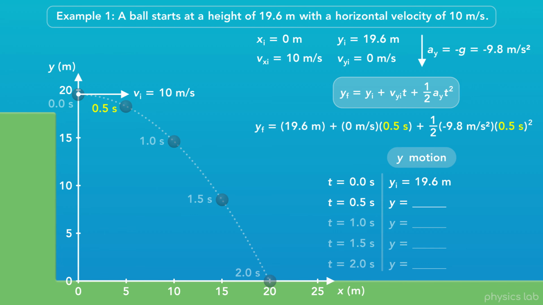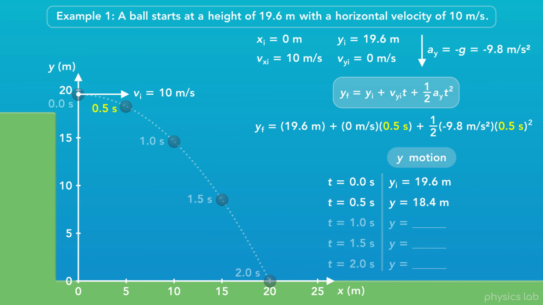At the point where t equals 0.5 seconds, we can plug in 19.6 meters for the initial y position, 0 meters per second for the initial y velocity, 0.5 seconds for the time, and negative 9.8 meters per second squared for the y acceleration. That gives us 18.4 meters for the y position at 0.5 seconds.